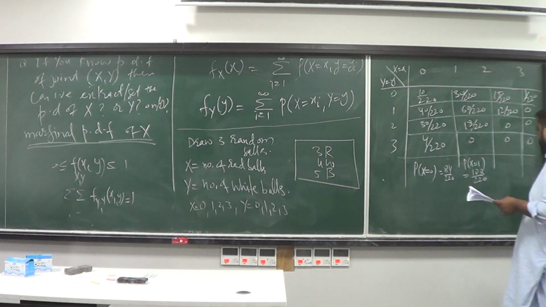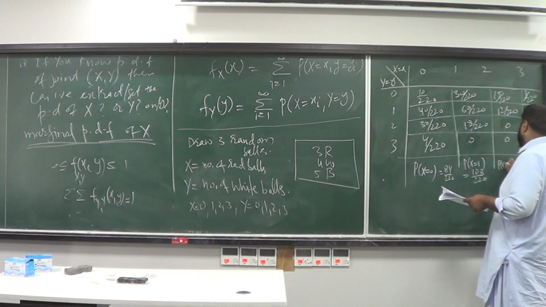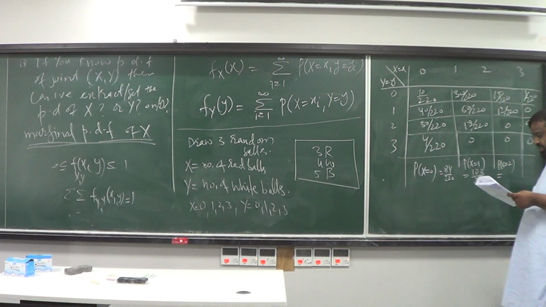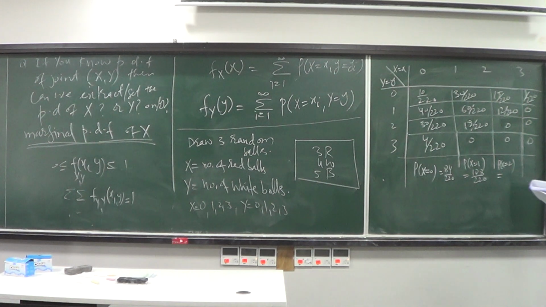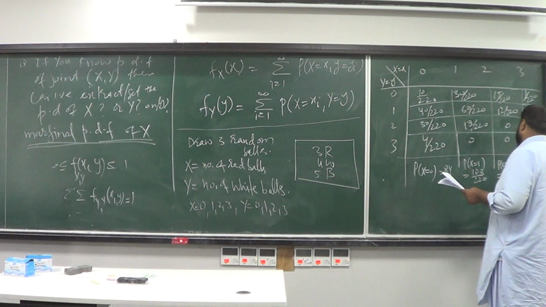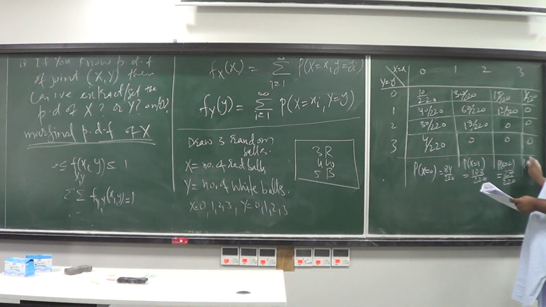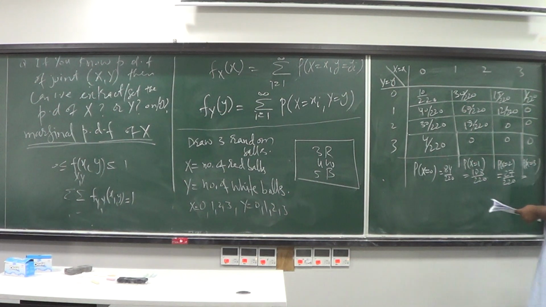This is the probability of X equal to 2, which is 27 by 220. And this is the probability of X equal to 3, which is 1 by 220.